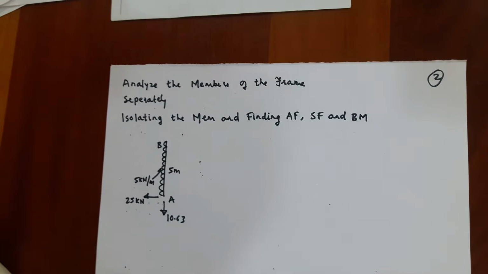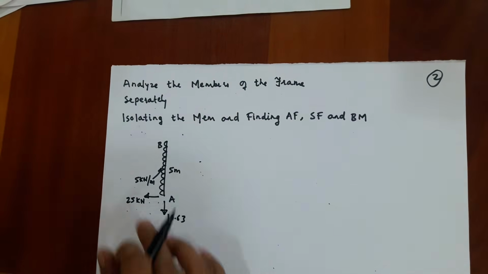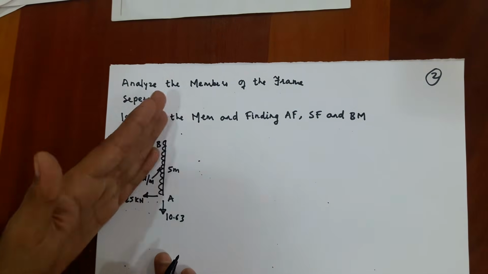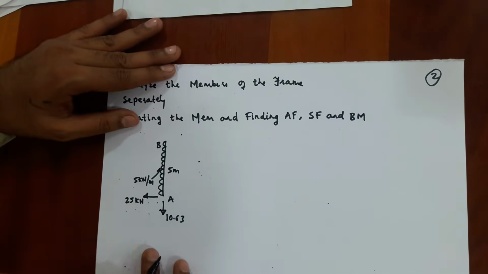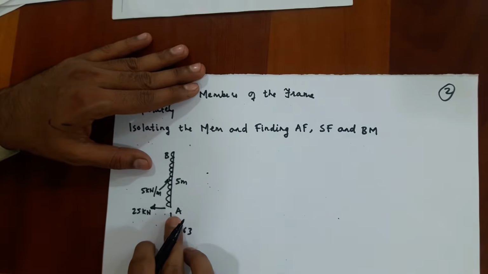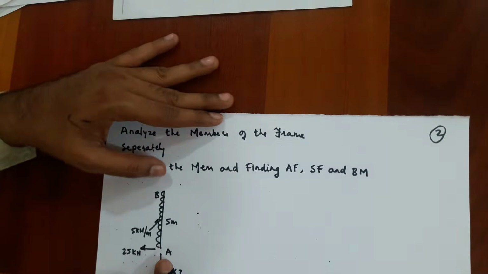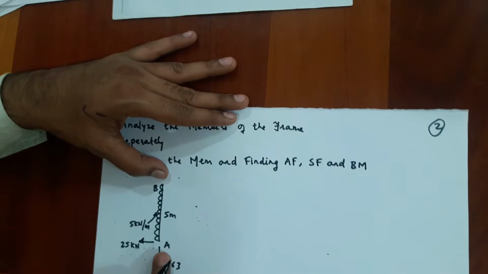Now we have to talk about balancing of the member AB. We need to balance the member AB with respect to vertical direction and with respect to horizontal direction. How to balance this? Now we know the reaction at A, we have to find the reaction at B. It's very simple.